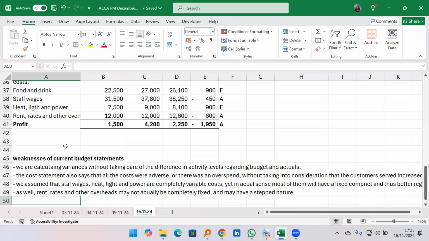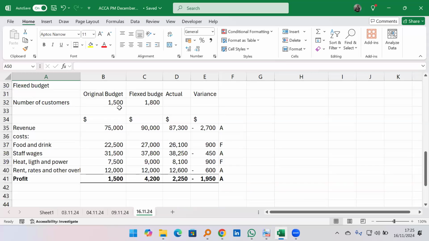So saying that they are just fixed may not be realistic, because imagine if what we had was able to account for 1,500 people, but now that we have more, probably we need to rent some small space to have those people come in, and other things can happen that may increase those costs. So they are not completely fixed.